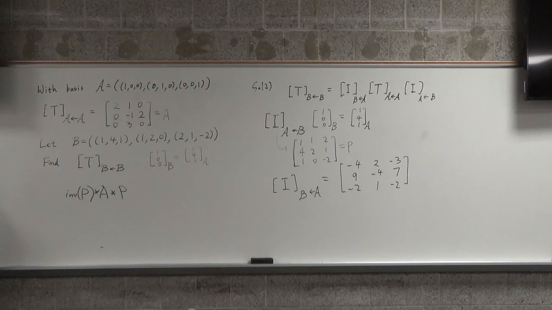Previously, it was negative 64, 146. The first column should have that same vector, or else something's not right. Either we made a mistake in the previous one, or we've made a mistake right now. They have to match.